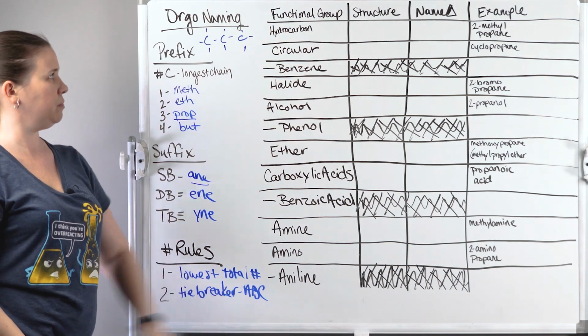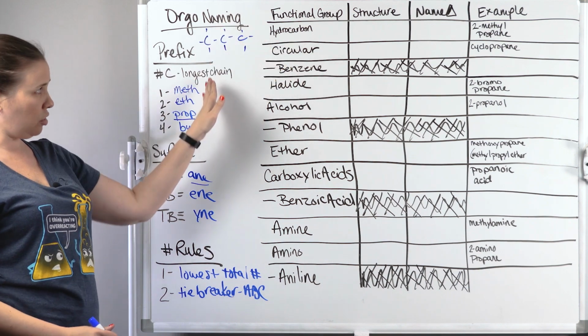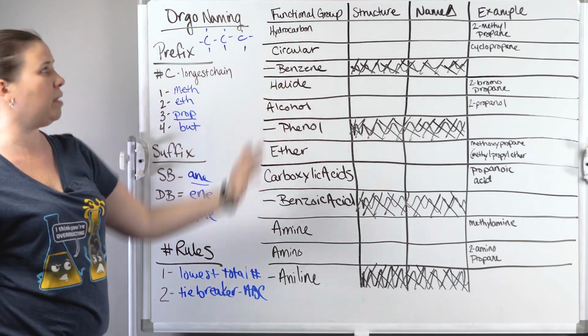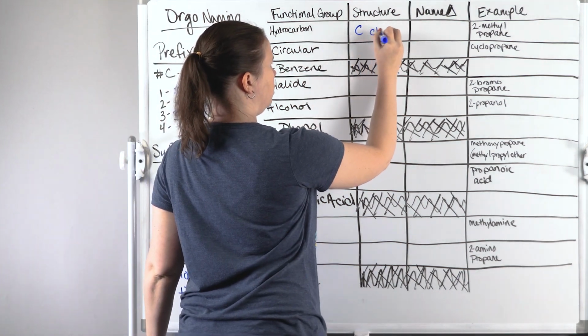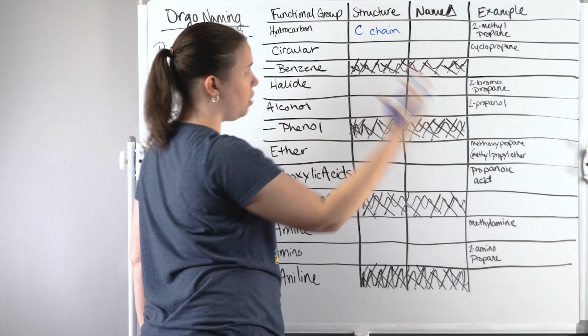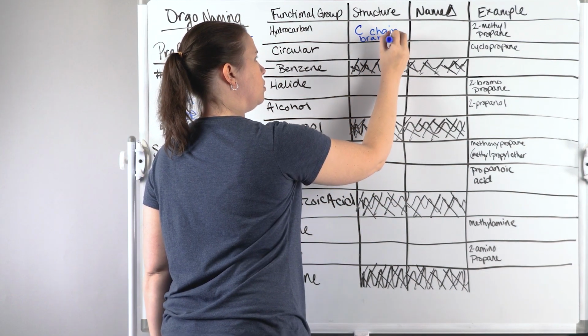All right, let's start with what if I just had a branch off of the main chain that was still just made of hydrocarbons? So it's still just a carbon chain that's branching off of the main chain. Maybe I should note that it's a branch.